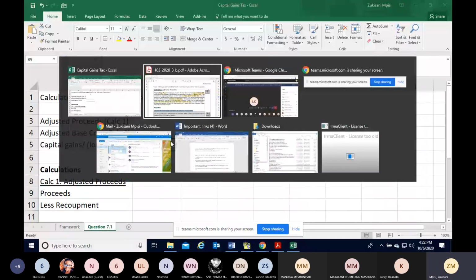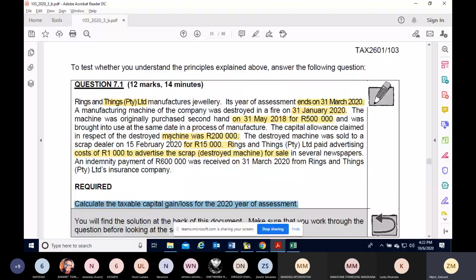we are told that the machine was sold to a scrap dealer for 15,000, and in addition to that, we also received an indemnity payment of 600,000. Now, proceeds from the disposal of an asset is equal to the money received by a taxpayer in respect of the disposal.